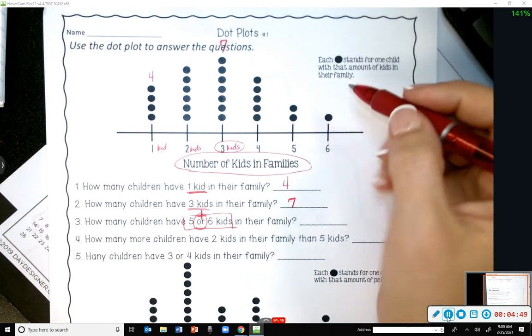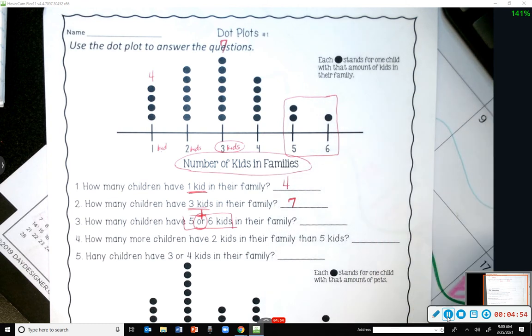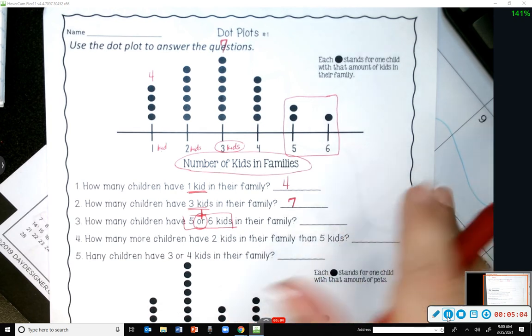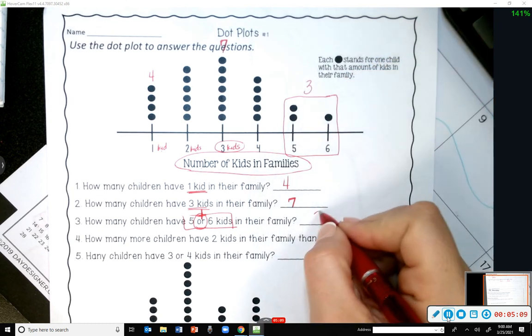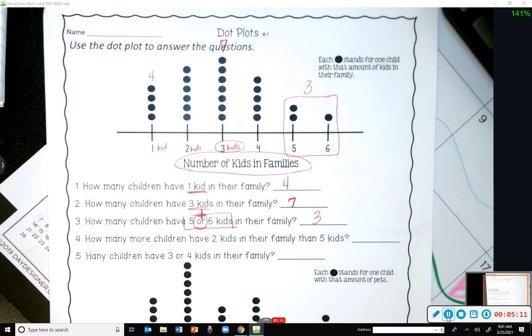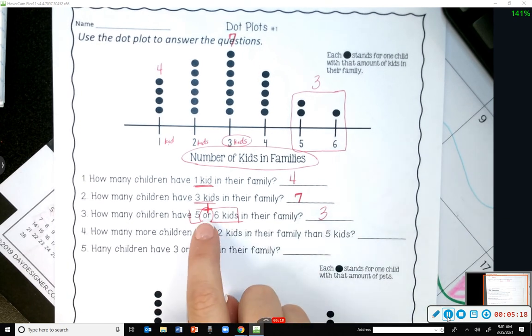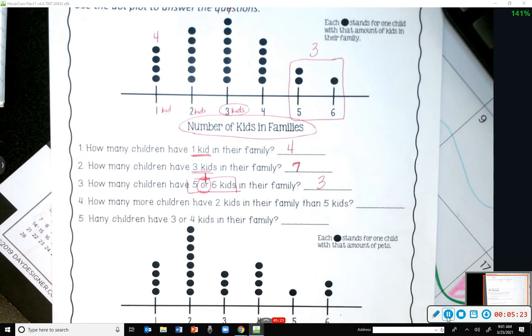So I need to go up here, and I'm looking at the 5 and the 6. So how many children have 5 or 6 kids in their family? 3. 1, 2, 3. Okay, so when it says or, that means you've got to count the dots for both of them. Okay, combine them.